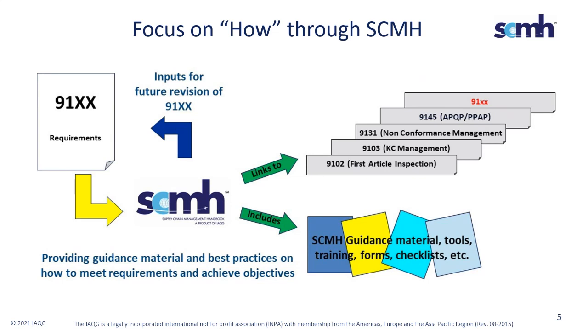And then it also includes SCMH guidance materials, so tools and forms and checklists to help you implement those standards. And in some cases, the SCMH has a guidance document, something to the effect of 9145 for APQP, that can set a base for someone to say, well, this is great guidance, let's make it into a standard, and then it feeds back into the 9100. So there's a loop there.